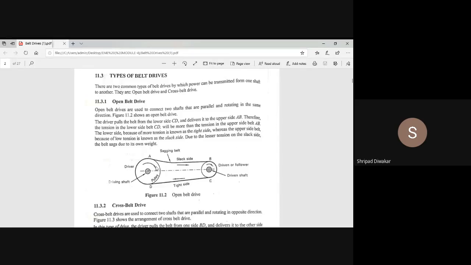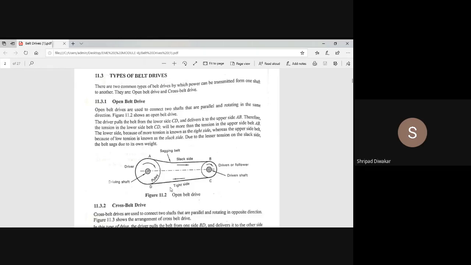And a belt is running in between these two pulleys. Here we have two sides. One is called the tight side, because the driver pulley draws this belt and runs over this one and then transmits the power. As I said, in a belt drive, the power is transmitted from the driver pulley to the driven pulley. So the side the driver draws is the tight side, and the other is called the slack side.